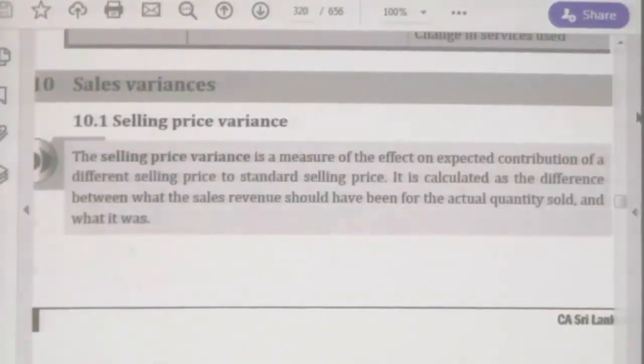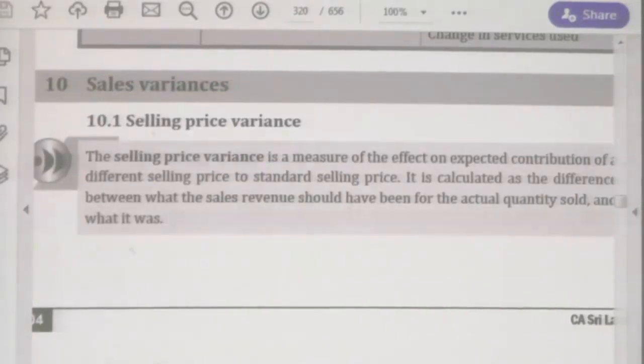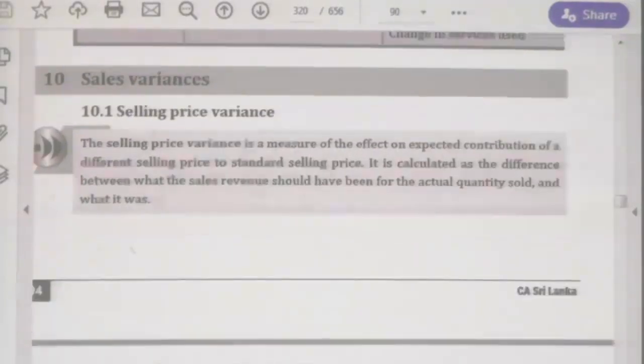Right. Under chapter 10, the subtopic 10 is the sales variance. I think you have the study text with you.